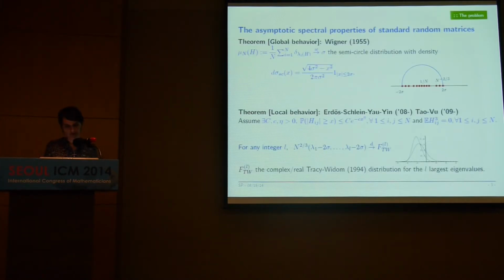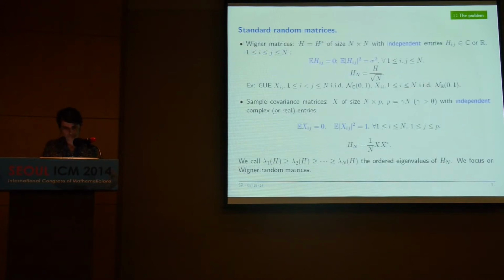Okay, so deformations of random matrices are opposed to standard random matrices. So I will start with a few reminders about standard random matrices. There are two kinds of usual random matrices. The first ones are the so-called Wigner matrices.